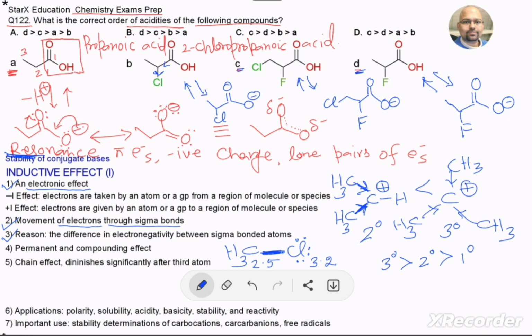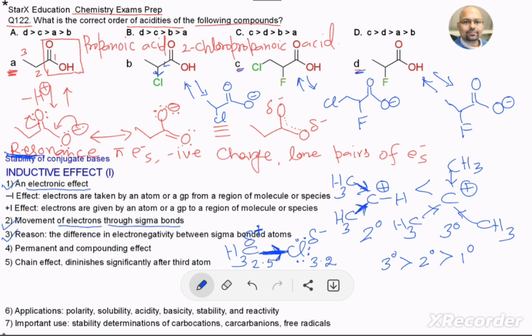The electrons are more towards this Cl, and this movement of electrons is shown by this arrow here. Therefore, in this methyl chloride example, the chlorine would get a permanent partial negative charge and carbon would get a partial positive charge.